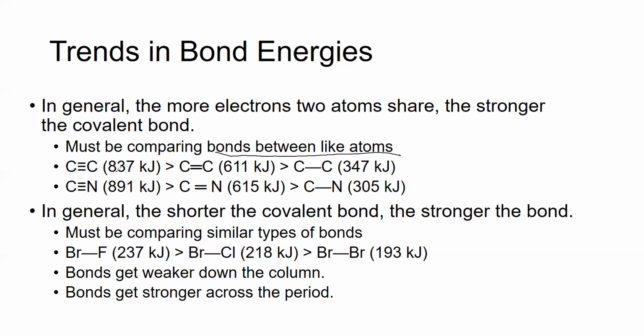If you just look at the triple bond, you'll see that the carbon-nitrogen triple bond is stronger than the carbon-carbon triple bond, and you don't know that unless you do an experiment. So I'm not worried about people knowing that trend. What I want people to understand is that a triple bond is stronger than a double bond, which is stronger than a single bond.